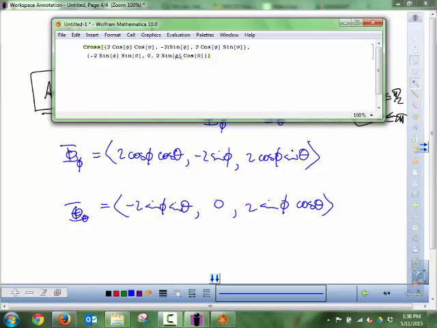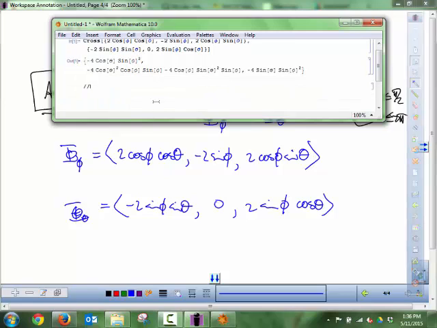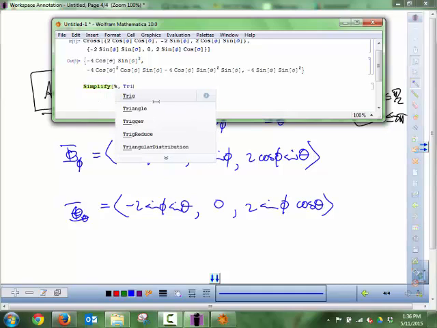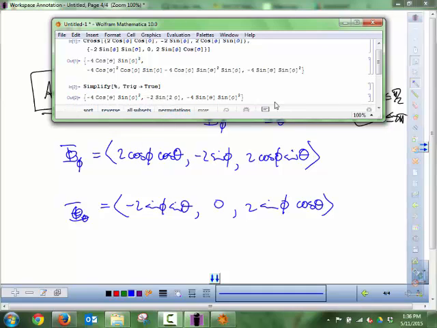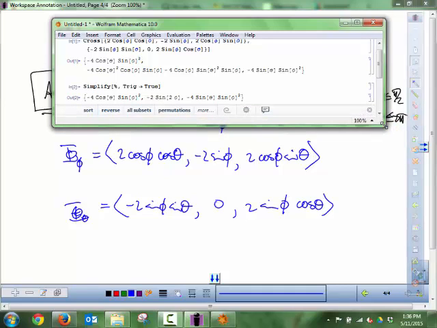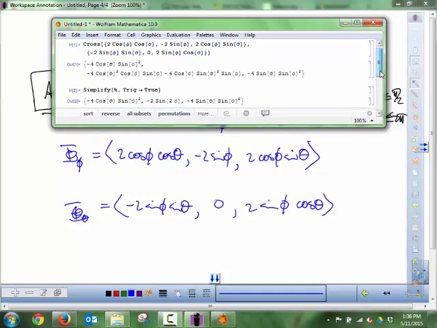Okay. Wow. So it looks like it could simplify a little bit to this thing.